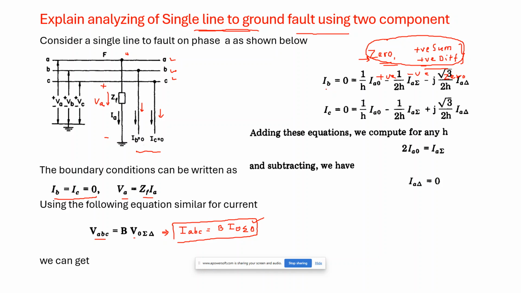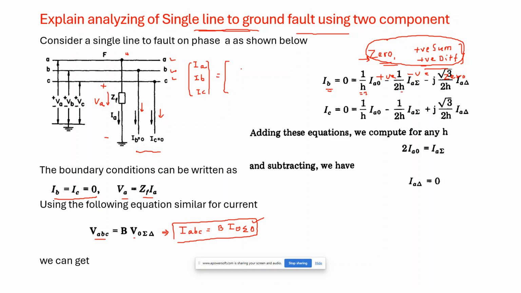So we get IB is equal to H, or as I told already, you can take it as 1, IA naught minus 1 by 2H IA sum, like this. If you want, I will write this equation here. So it is IA, IB, IC equal to the B matrix. Please verify this B matrix.